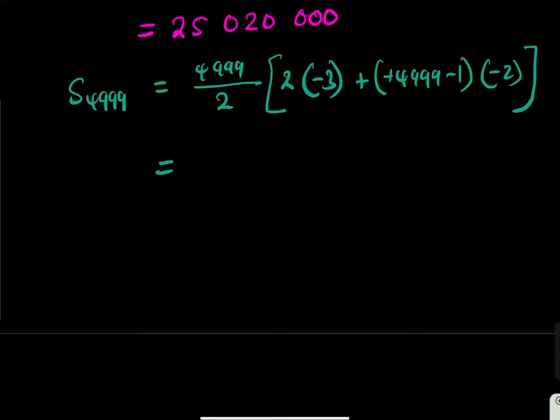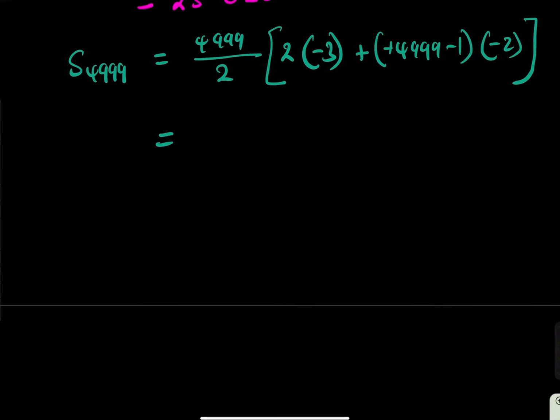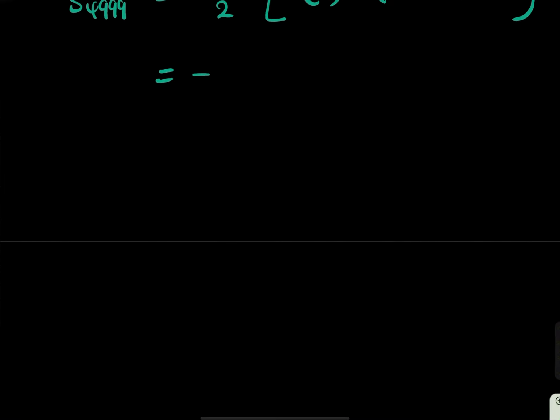Let me say that is negative 6, I'm not going to deal with the inside part, plus 4,999 minus 1 times negative 2. I get a negative number multiplied by 4,999 over 2. That gives me negative 24 million. It's a very big number.